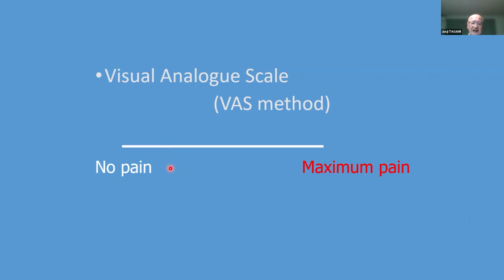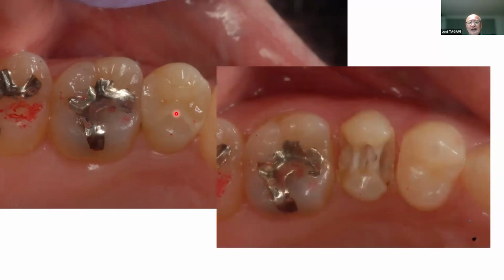The patient may mark like this, and we can measure the length from this point to this marking. Then we can convert the degree of the pain from 0 to 100. At the same time, a lot of intact dentin was cut already. So probably too much cutting of the intact dentin, and in addition to that, the very poor bonding may cause the pulpal irritation and the necrosis, unfortunately.